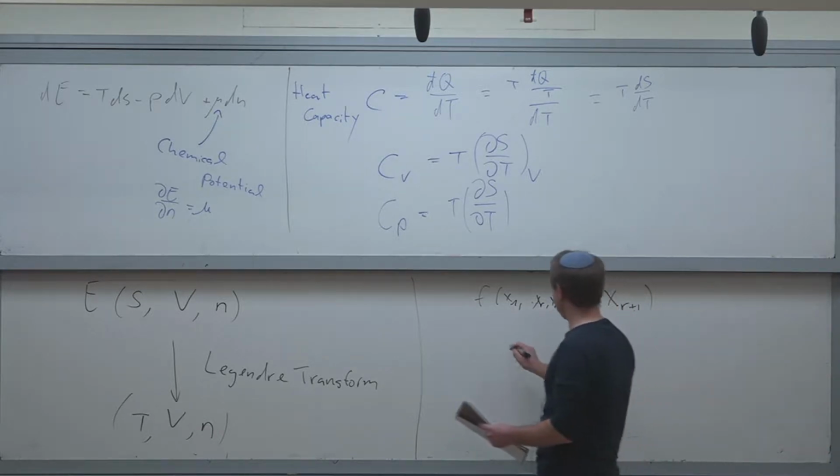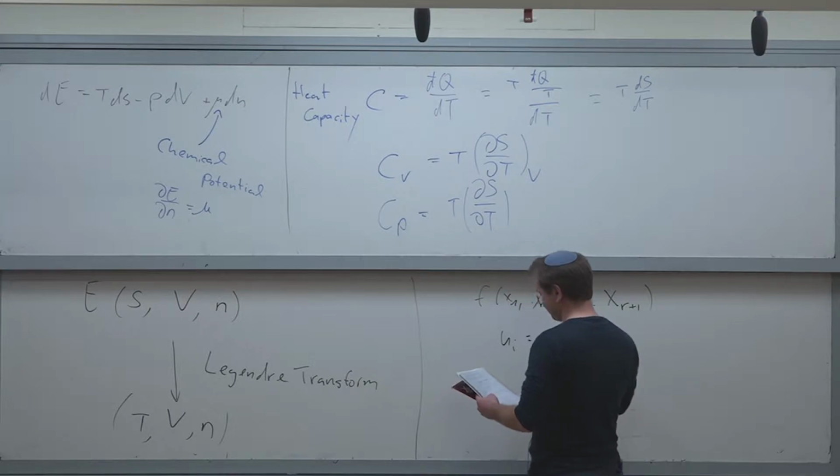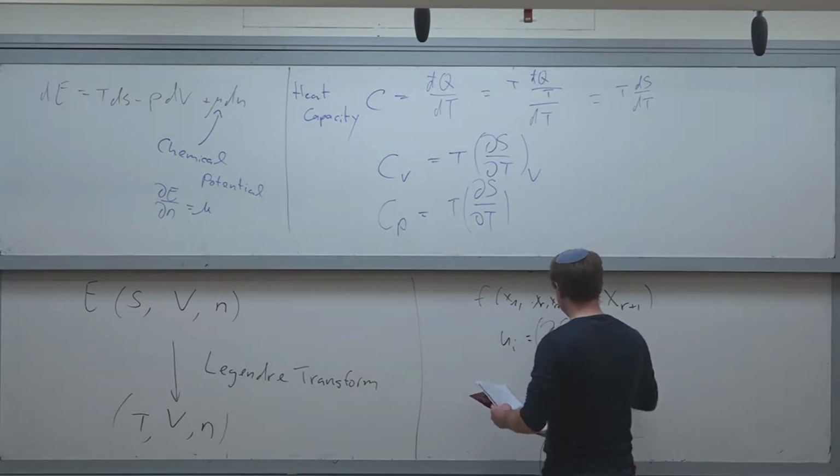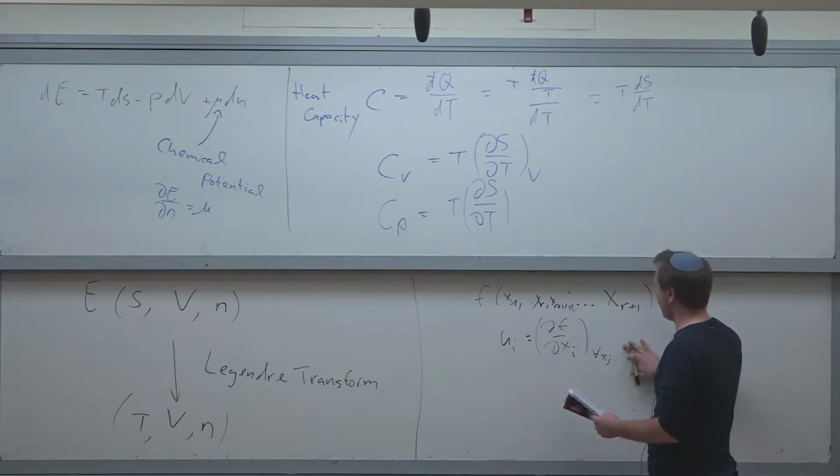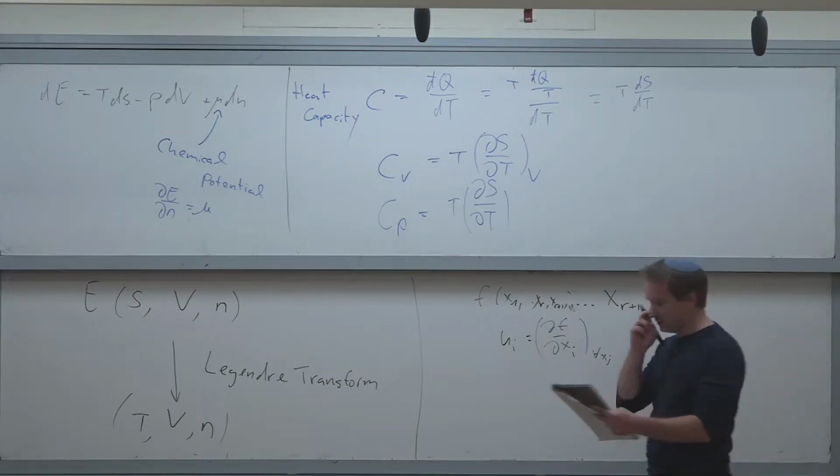So u_i is df/dx_i, keeping all the other x_j constant.